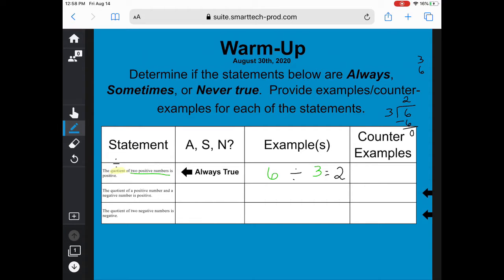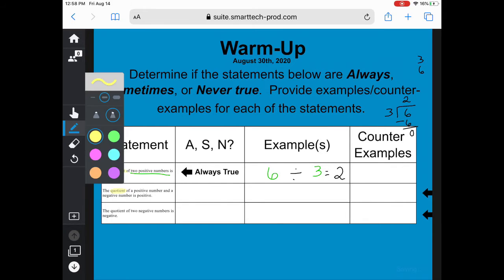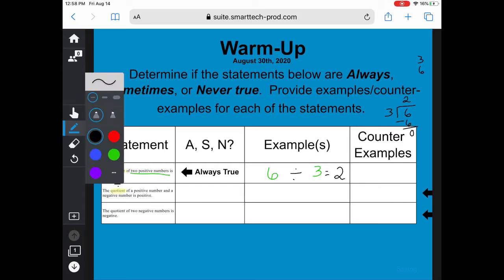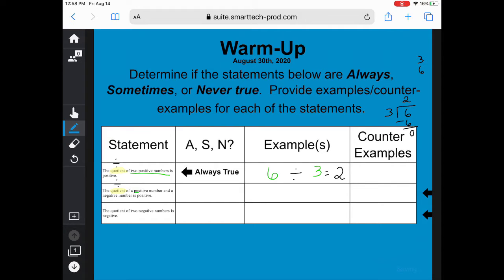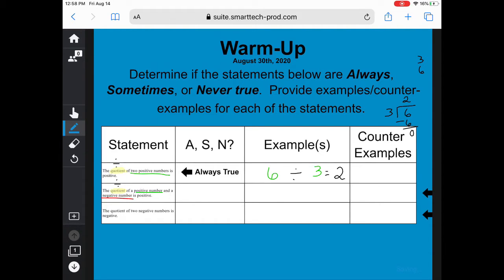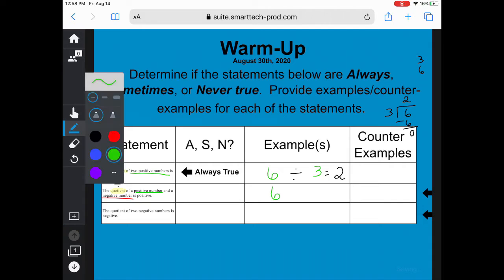Looking at statement number 2, the quotient of a positive number and a negative number is positive. So quotient here, I'm going to highlight that. And I know it's division again. But this time I have a positive number and I need to come up with a negative number. So my positive number, I'm going to use 6 again.